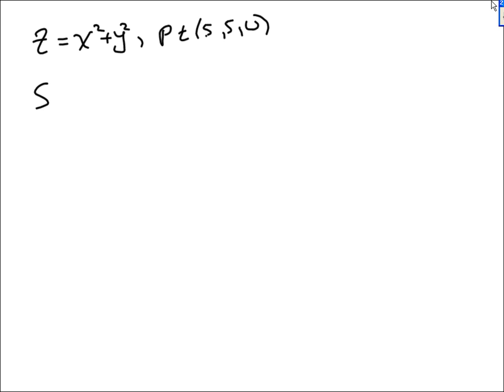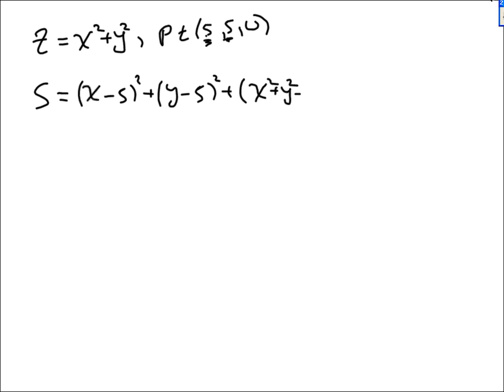So S would be x take away 5 all squared, plus y take away 5 all squared, plus z, which is x squared plus y squared, minus 0 all squared. Square root of that. But let's just square it.